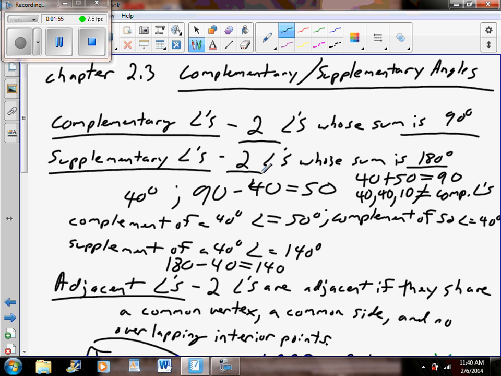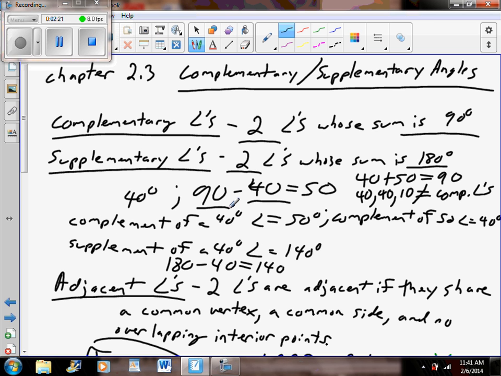So let's say you've got an angle of 40 degrees, and I were to ask you to find the complement of a 40-degree angle. What would I do? It would be a 50-degree angle, and how would I find that? I would take the 40 right here, and I would subtract it from the 90. Complementary angles add up to 90.